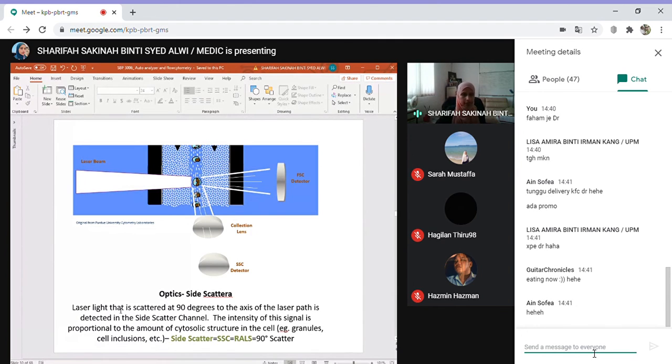Laser light that is scattered at 90 degrees to the axis of the laser path is detected in the side scatter channel. The intensity of this signal is proportional to the amount of cytosolic structure in the cell. So whenever you talk about side scatter, it will only measure the granularity of the cell. It is very important.